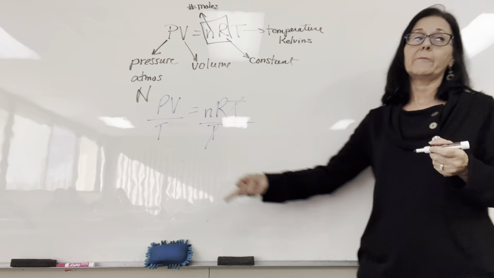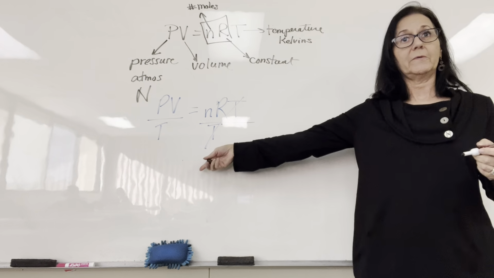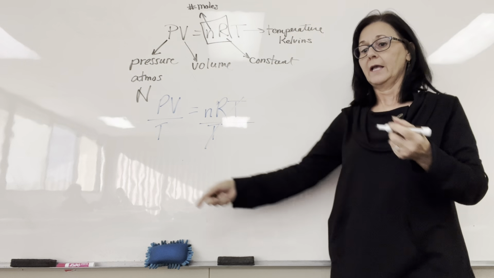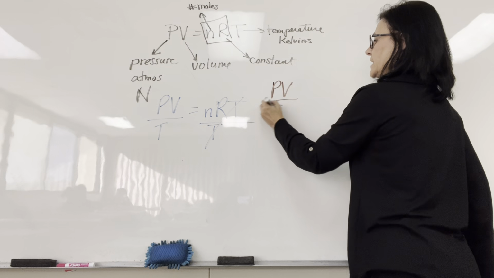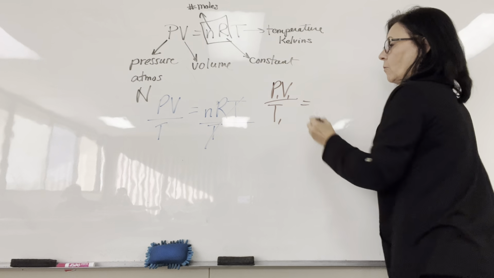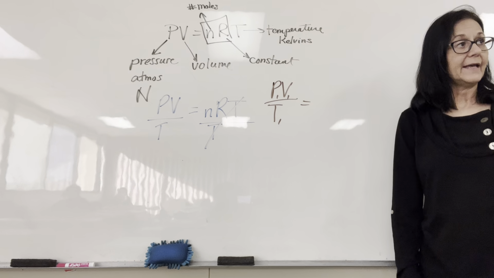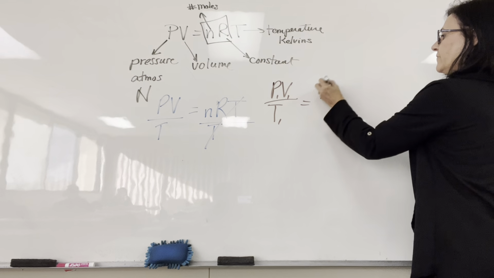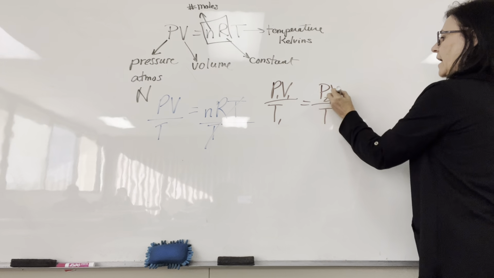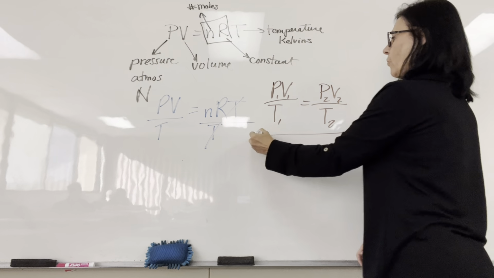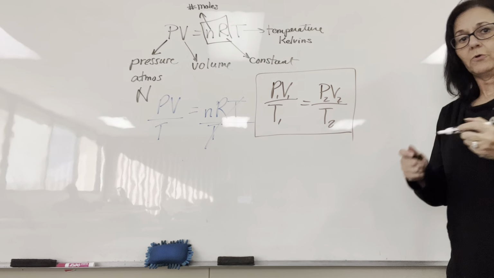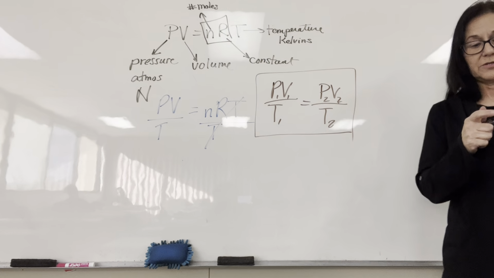So you need to memorize PV over T. PV over T for one gas should be equivalent to PV over T of a second gas. This is the formula that we will use for this lesson.